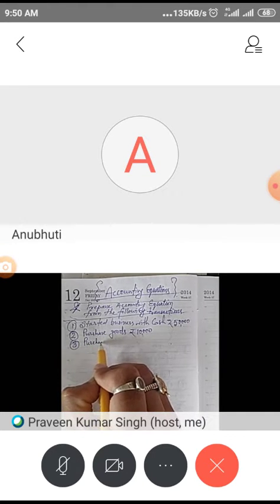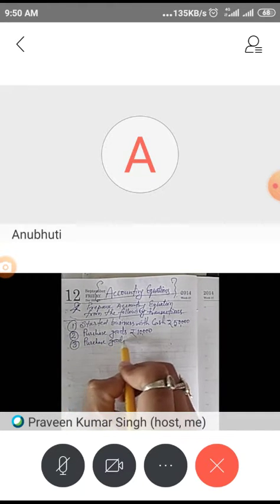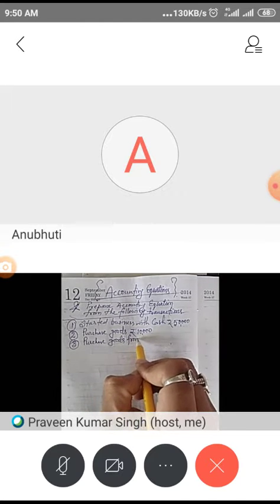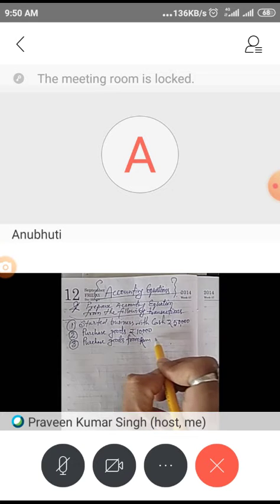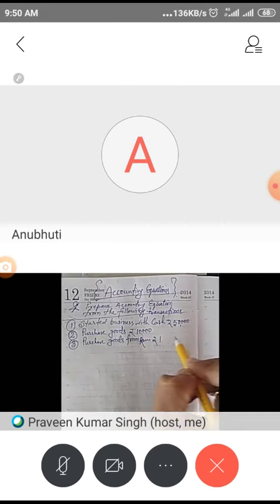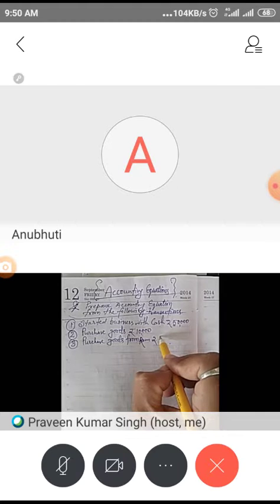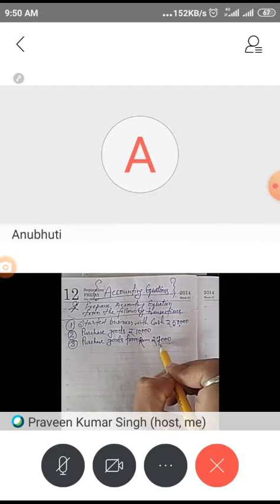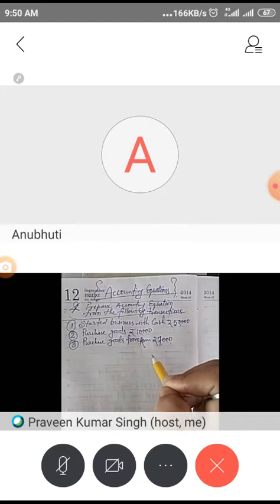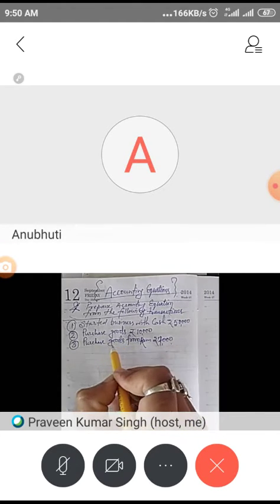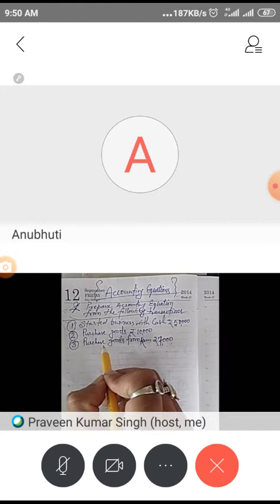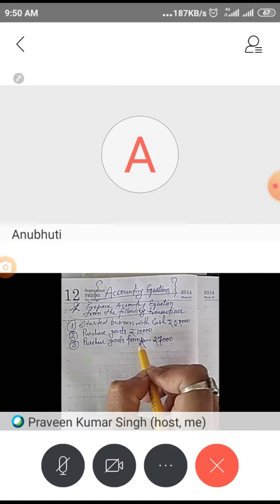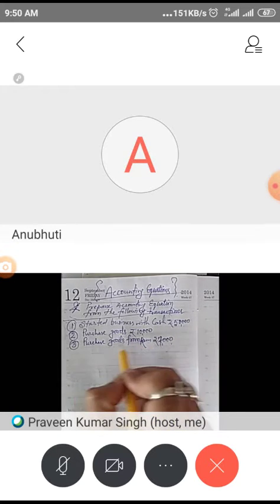purchase goods from Ram rupees 7,000, then it will be goods purchase on credit because no explanation is given about cash purchase.